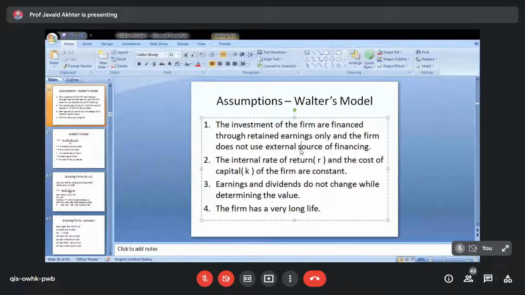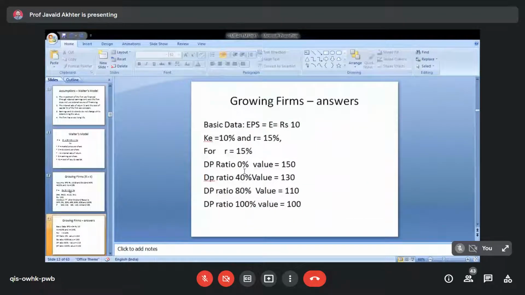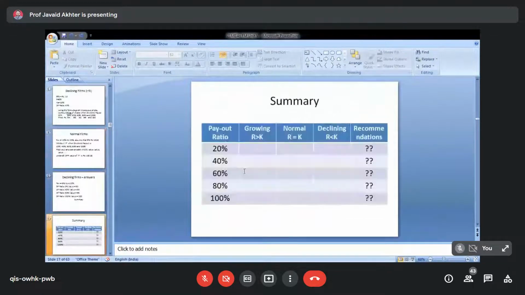In the short run it will not work, only in the long run. So these are some of the assumptions based on which Walter has worked out and recommended. Nevertheless, it provides some guidance to the investors, and also to the company, about retaining money and paying.